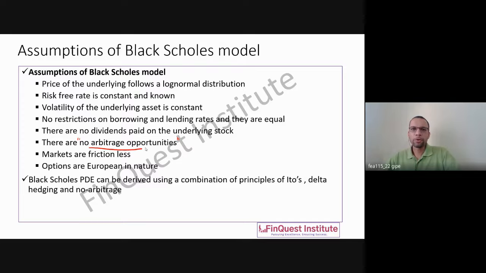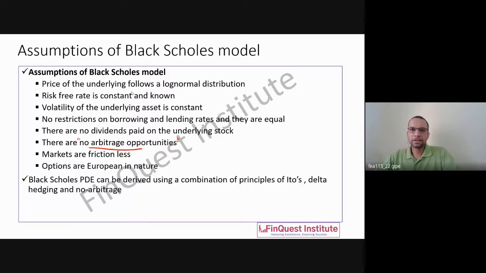Also, I would like to talk about a few enhancements which the market has applied on top of Black-Scholes. So once we run through our discussion on the BSM model, we'll talk a bit about the enhancements also. And options were assumed to be European in nature. So these were a few assumptions. Yes, a couple of assumptions may not appear very realistic, but those were the ones used in the very first model which was developed.